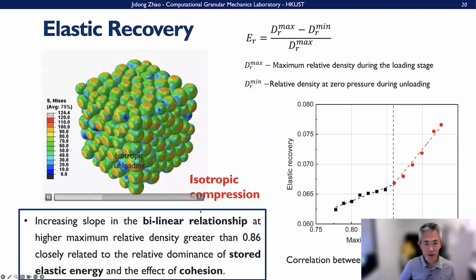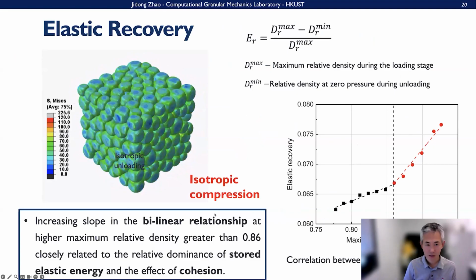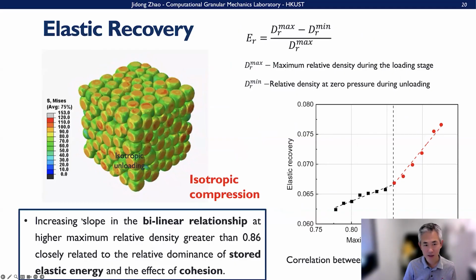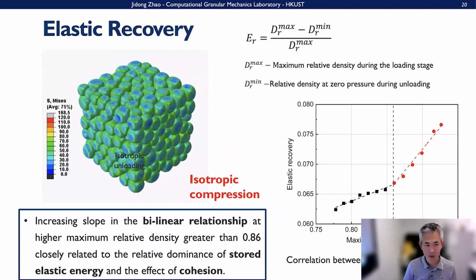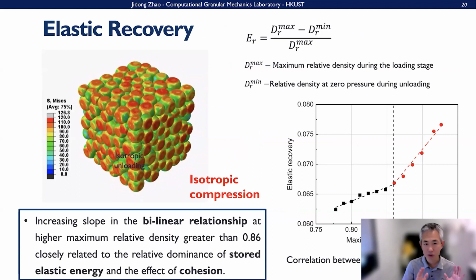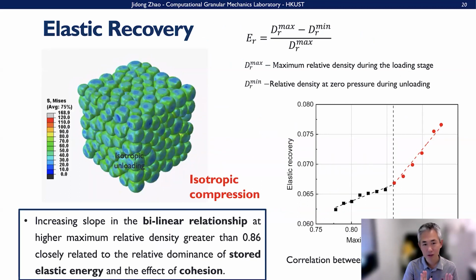This is the process of how we compress. You can see first we do isotropic compression, and then plastic strain is generated, shown by this von Mises stress, both at the surface which is in contact with the rigid wall and also in between the particles here.